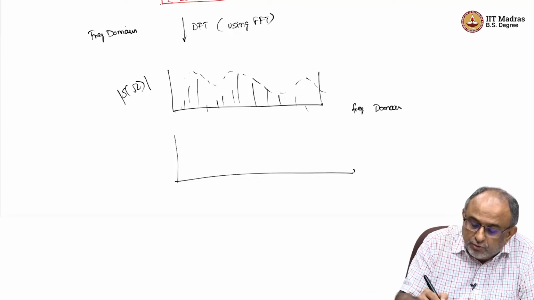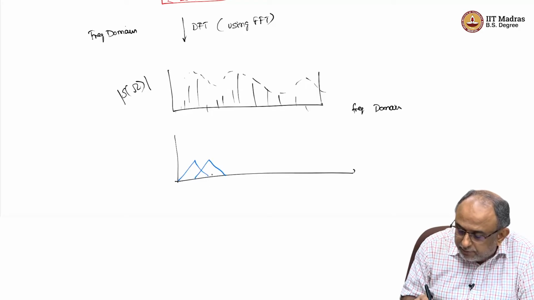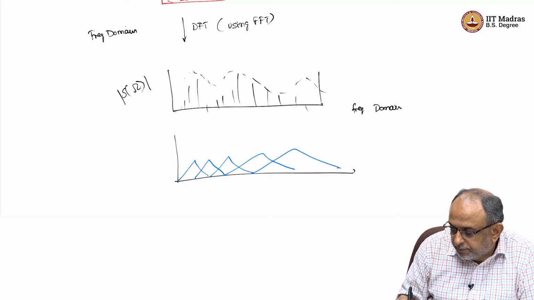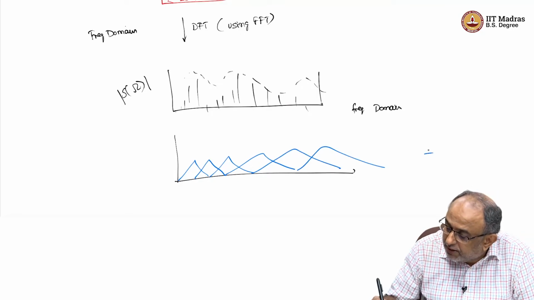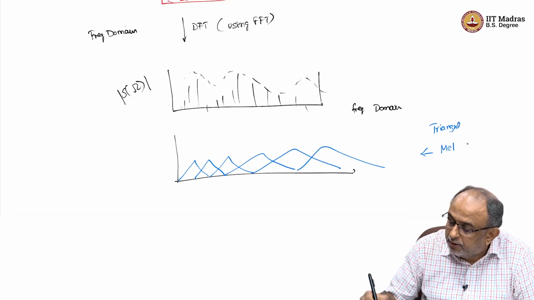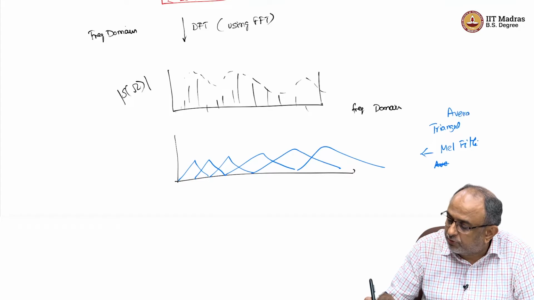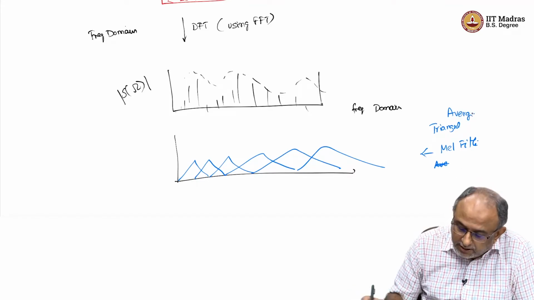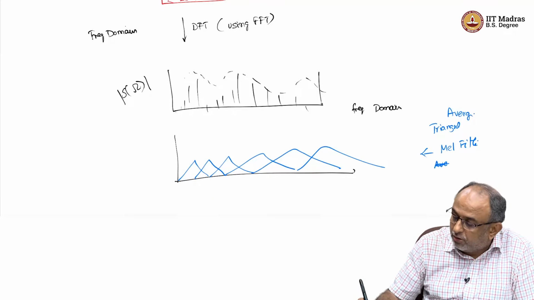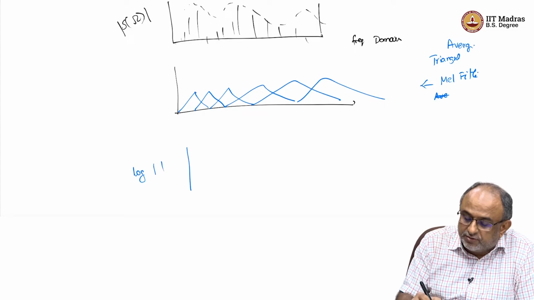I am going to do now a triangular filtering. This is the triangular Mel filter. It's actually filtering by triangular averaging, and this is called Mel filtering. Then I am going to take the log of it. So then I have the log of the outputs that I get.